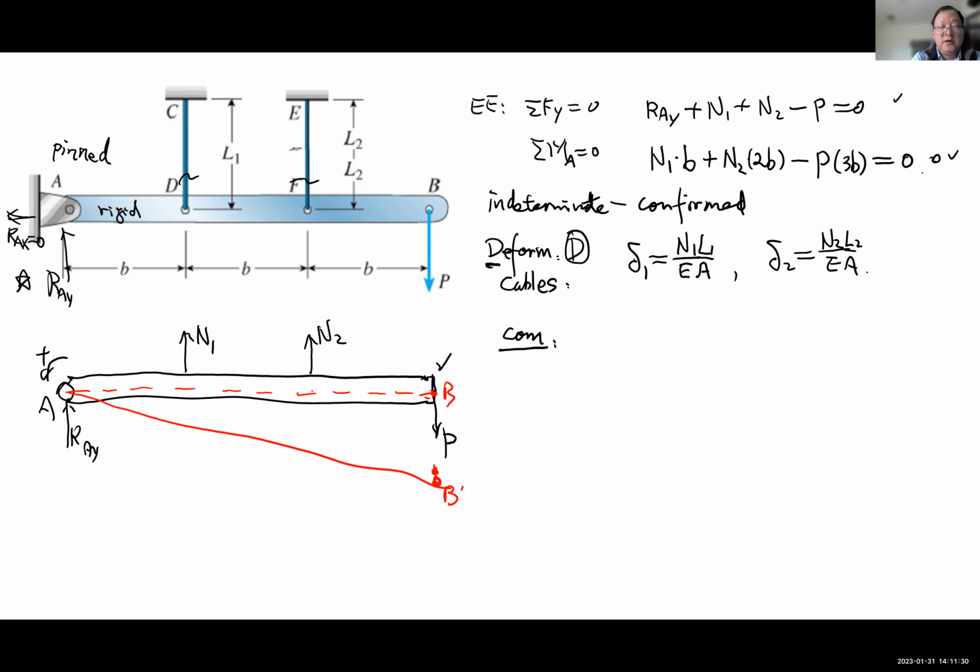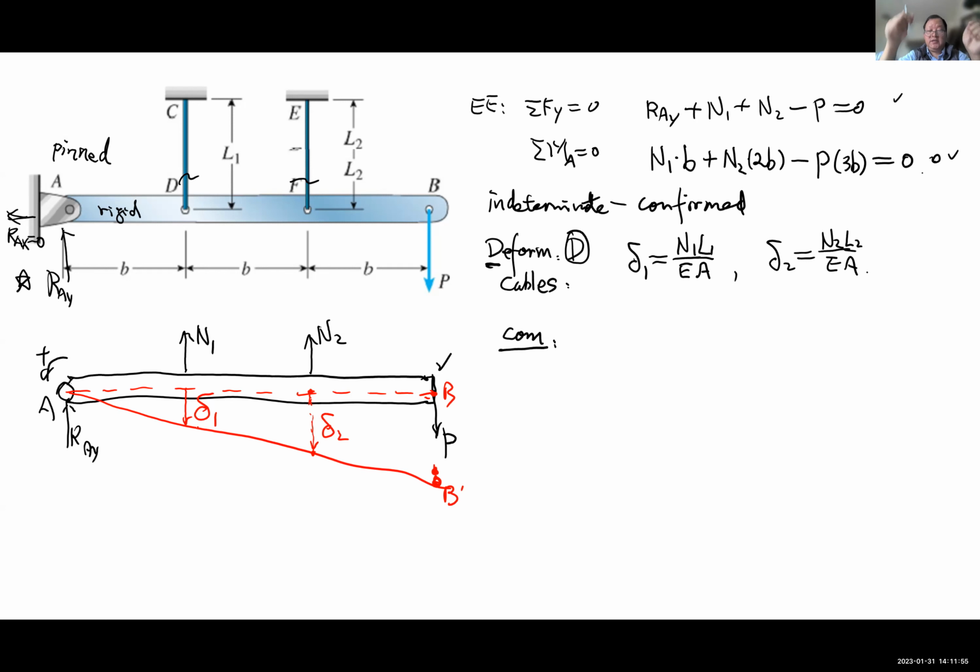Then this point here has to move to here. So this will be the delta 2. Now this point, initially here, must move down to here. So this is the delta 1.